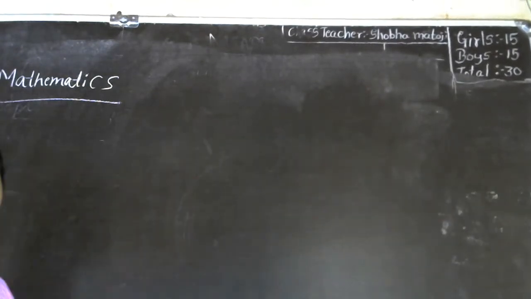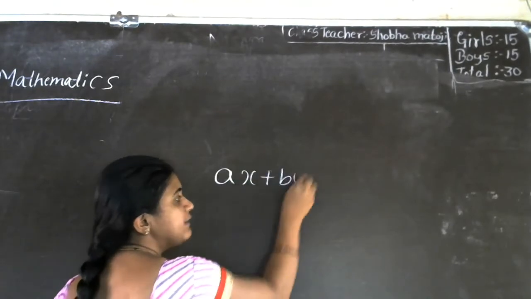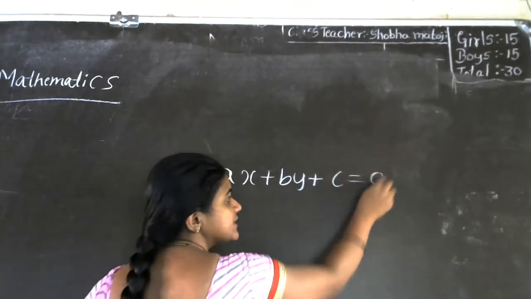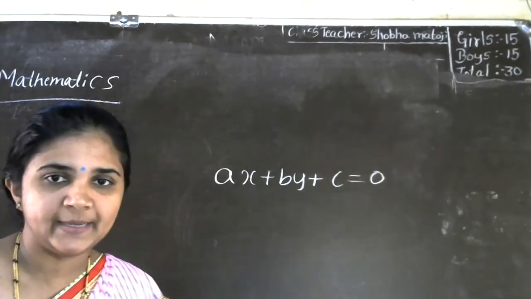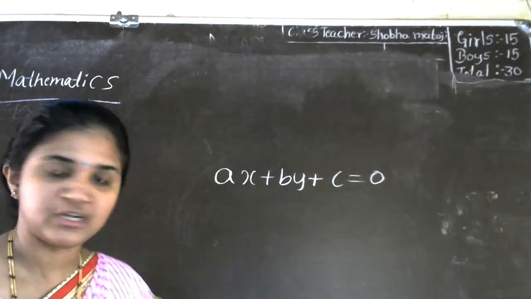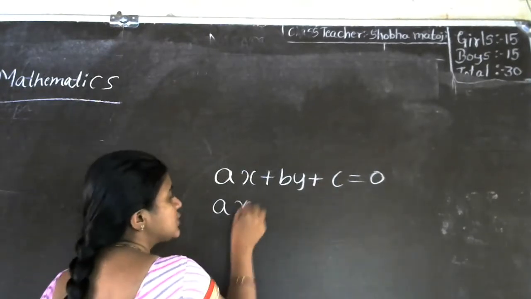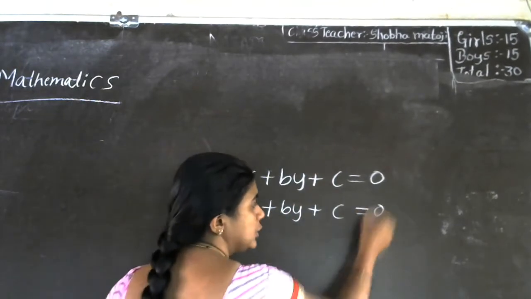See, you just observe ax plus by plus c which is equal to 0. This is the standard form of linear equation in two variables. Here we need a pair, no? So another equation we need. I'll take that also as ax plus by plus c equal to 0.